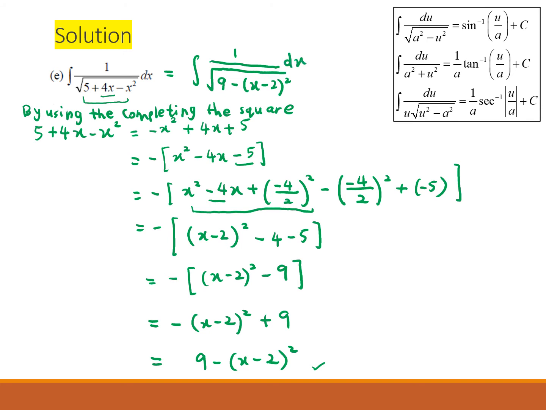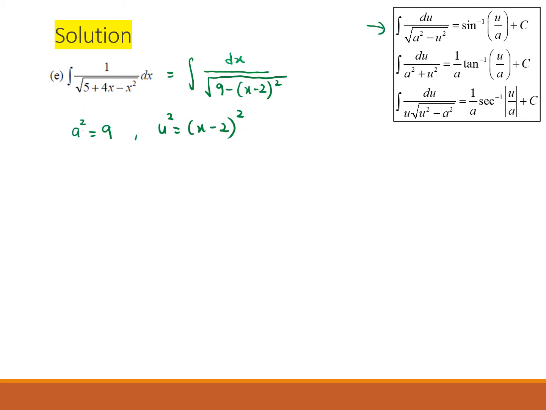So you can see that this form satisfies the first formula, where a squared is equal to 9 and our u here is equal to x minus 2. So I rewrite the solution back.